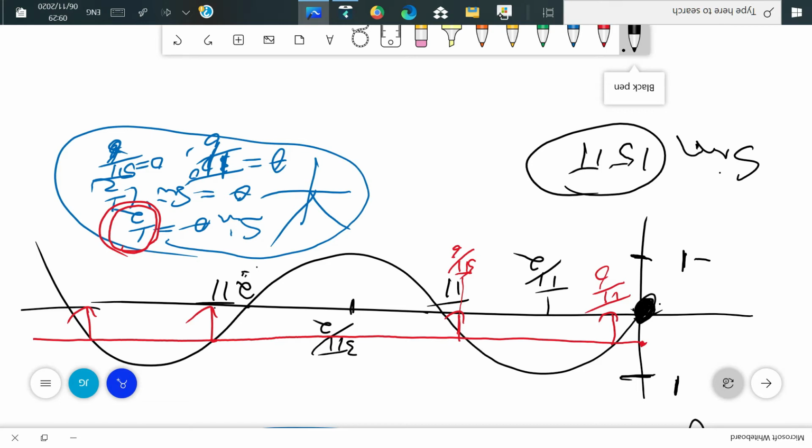Therefore, I need to go another pi. There. So the sine of 15 pi is 0. Without a calculator, I was able to figure that out. So every 2 pi it repeats. So I just divide 2 into 15. That's 7 full repeats. So after 14 pi, I'm beginning the whole story again.